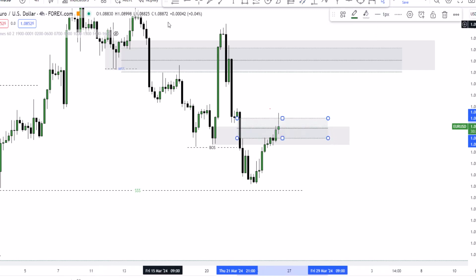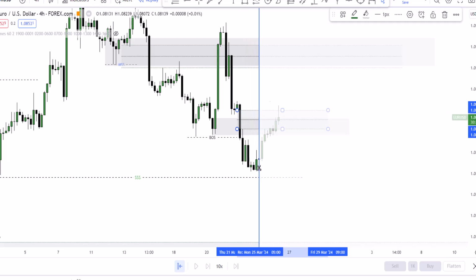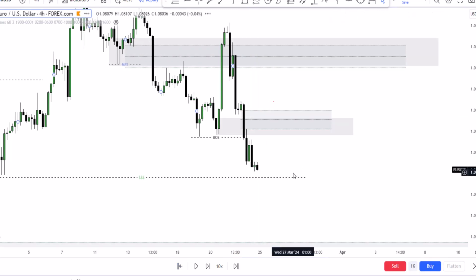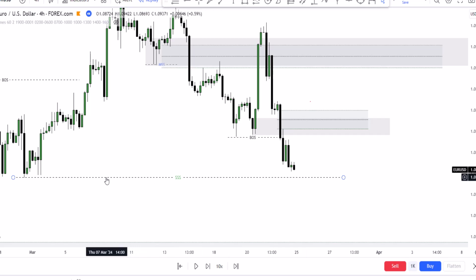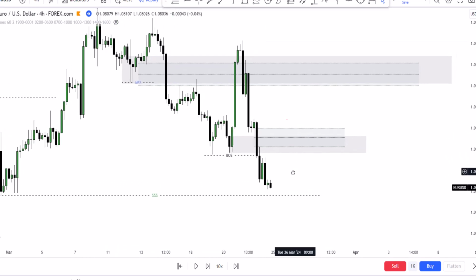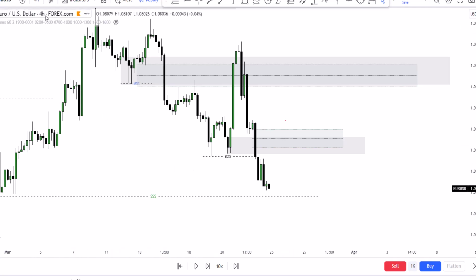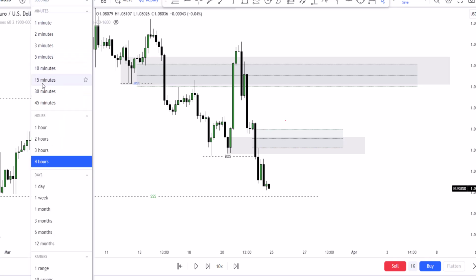I saw those areas and I was happy to trade it. This was what I knew price did. Leaving this place, if I want to come back here, it means I will go bullish. And that was the only reason I saw the buy model in the lower time frame. It did what?